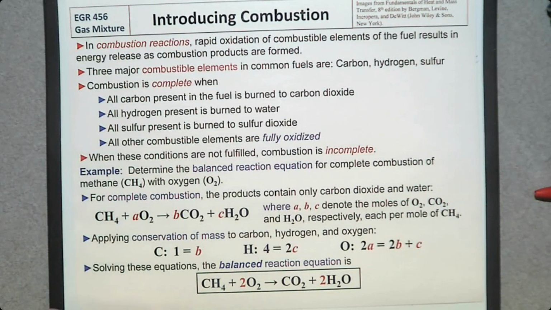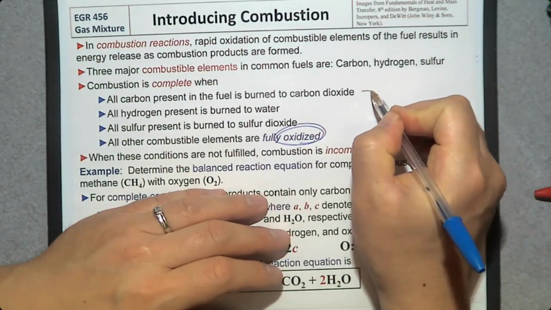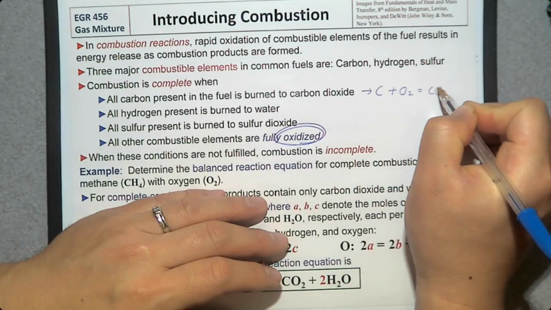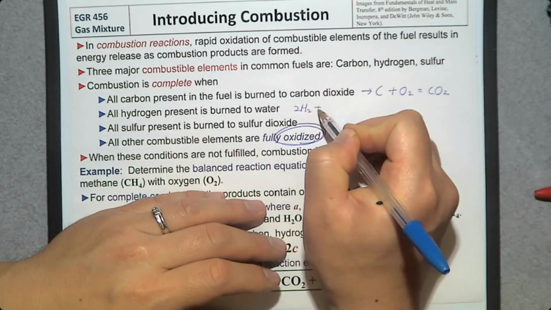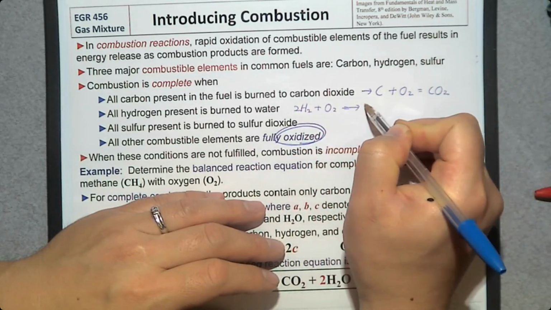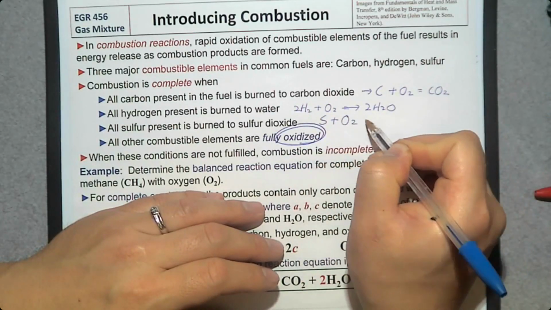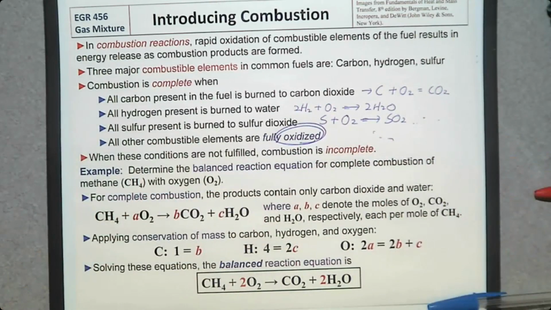It's a complete combustion when we have a complete oxidation, which means that the carbon becomes carbon dioxide and hydrogen becomes 2H2O, and sulfur becomes sulfur dioxide, etc. And if we have smaller numbers of oxygen, we say it is incomplete.